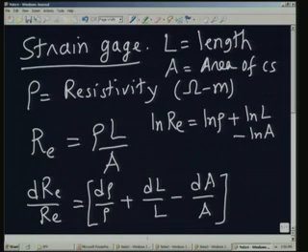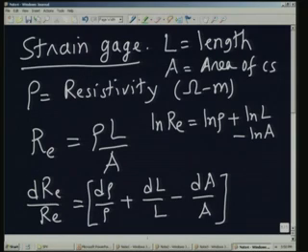So, dRe by Re is the ratio of the resistance change to the original resistance. So, we are treating ratios in all these equations, and the ratios are non-dimensional, that means they do not have any unit.